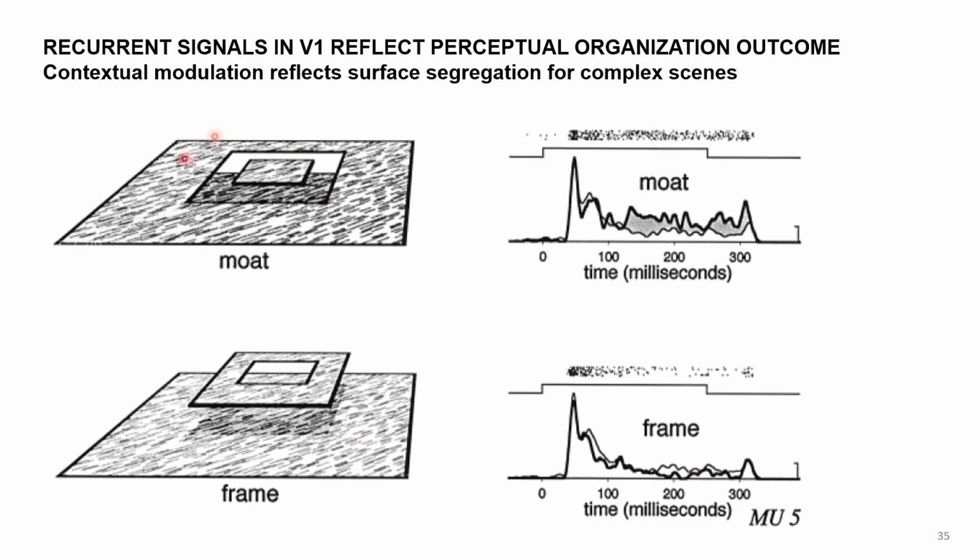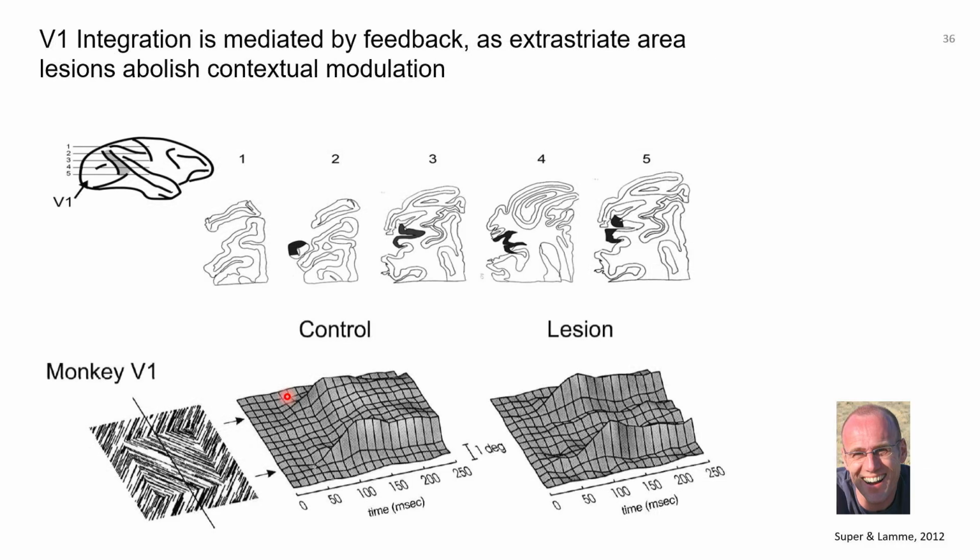So even in complex scenes like this, contextual modulation is really reflecting the perceptual interpretation that you have of these kinds of stimuli. Now, as I said, these neurons must get this information from somewhere.